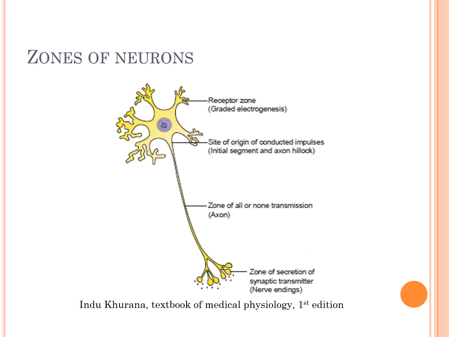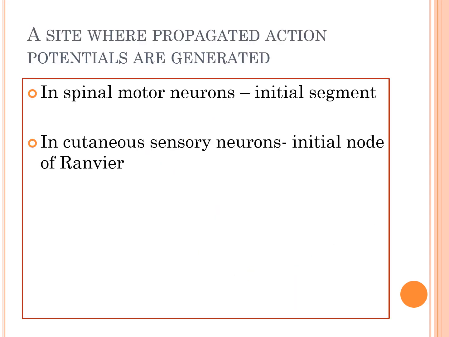So these are the different zones of neurons, and the site of propagated action potential generation is different for motor neurons as well as for sensory neurons. In spinal motor neurons, the initial segment is the site of generation of propagated action potentials, and in cutaneous sensory neurons, the first node of Ranvier is the site of generation of propagated action potential.